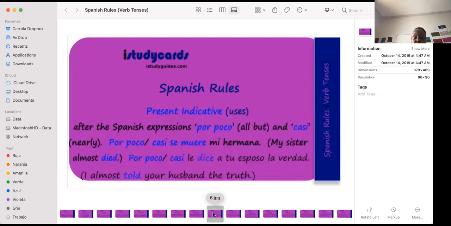Once again, we're still talking about the present indicative, after the Spanish expression por poco or casi. A story. I was teaching in La Universidad Intercontinental in El DF.